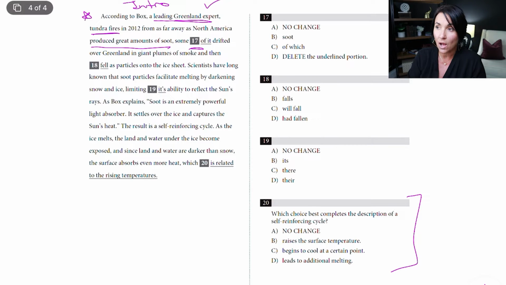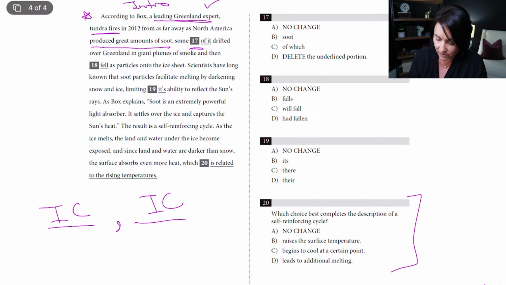Is that an independent clause? Yes. So we have an independent clause on one side. Good. And then we have some of it drifted over Greenland in giant plumes of smoke. I'm going to end it there. Some of it is a subject, some, drifted over Greenland in giant plumes of smoke. That is also an independent clause.